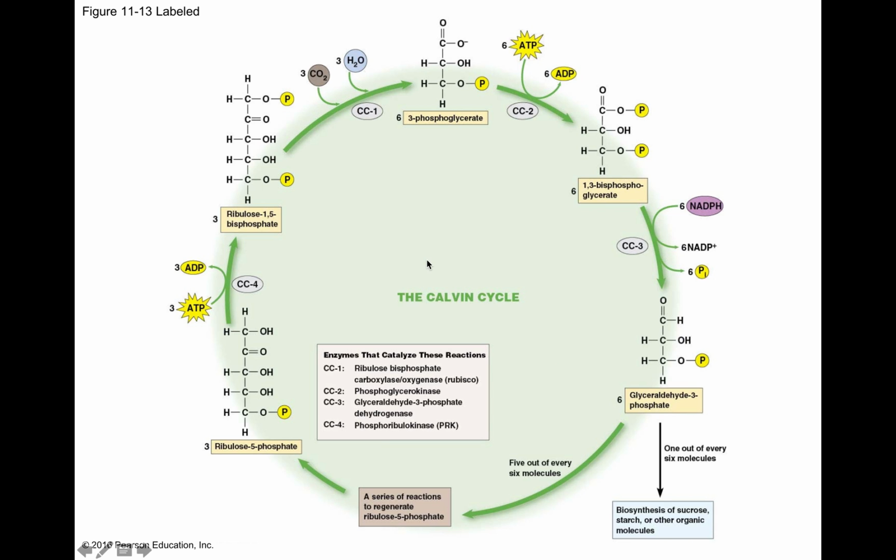And we talked about how this particular enzyme here, Rubisco, the one that is taking CO2 from the atmosphere, adding it on to RuBP, is an inefficient enzyme, and it's affected by the concentration of oxygen in the cell.